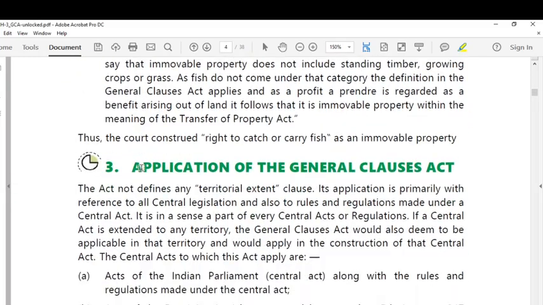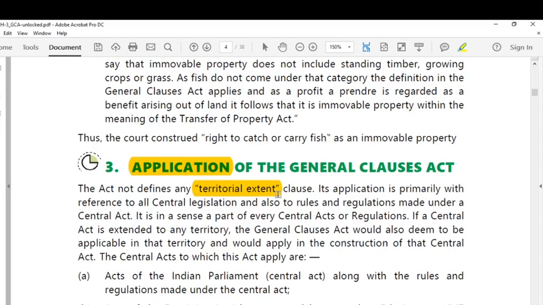Right. Now we come to application. Application of the General Clauses Act. The Act does not define any territorial extent. Its application is primarily with reference to all central legislation and also to rules and regulations made under a Central Act.